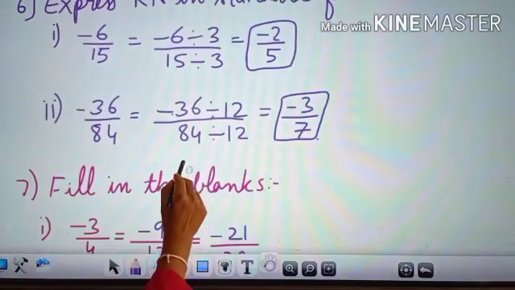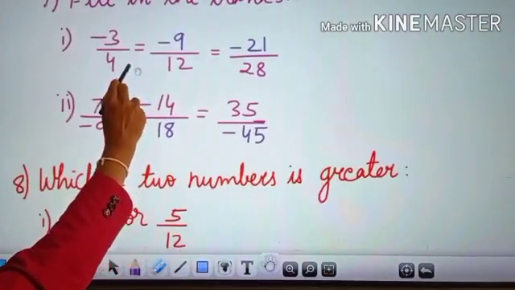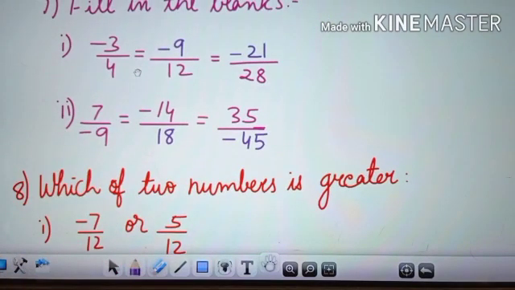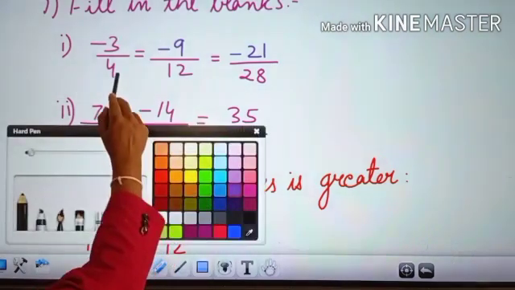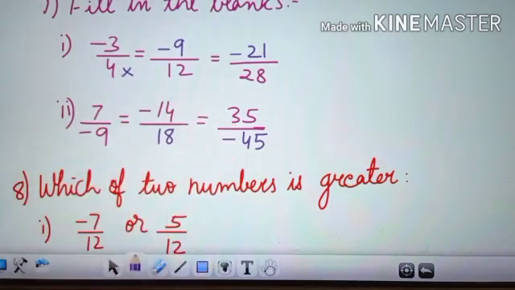Now next question is, children, fill in the blanks. See, first one, minus 3 upon 4 equal to blank upon 12 equal to blank upon 28 is given. Now, children, just see this. This will become 4 3s are 12, and this will become what?